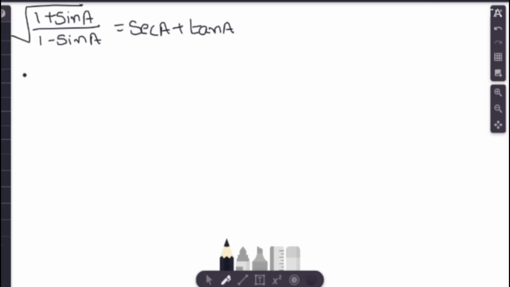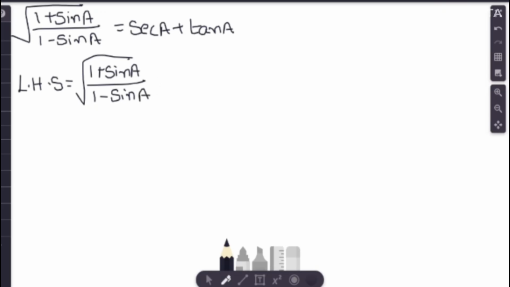Okay, so left hand side is equal to under root (1 plus sin A by 1 minus sin A). These are irrational numbers, so first we have to rationalize them. How to rationalize? First we have to rationalize the denominator.